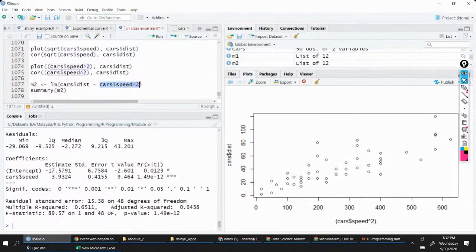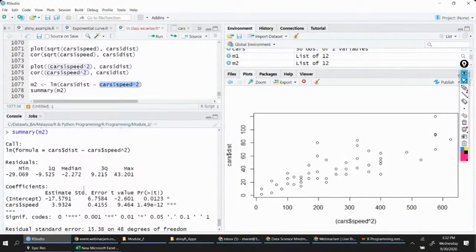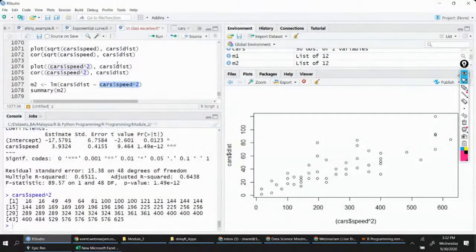Did it improve the model anyway? Why is it not working? It should work. Okay, let me just check. It's not taking.